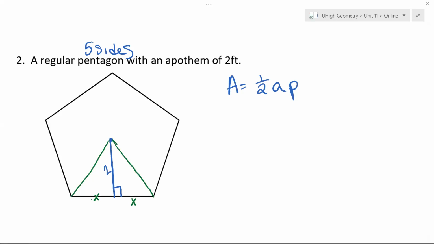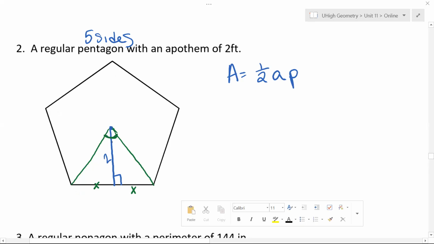Well, I don't have enough sides to find it using the Pythagorean theorem. So what I can do is use that idea of my central angle. So I can find this angle here and use that to find the measure of the smaller angle of my right triangle.